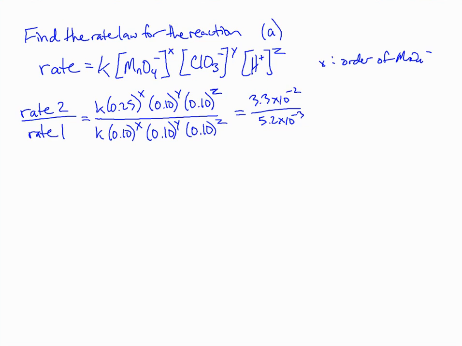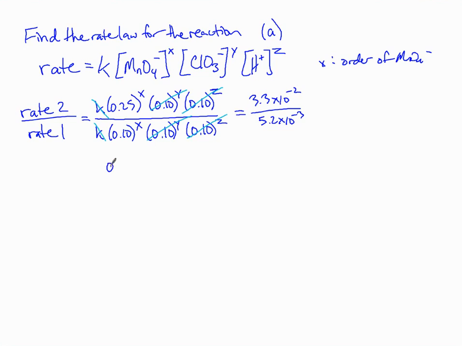There's a lot of things we can cancel here. For instance, K is on the top and the bottom. They're gone. 0.1 to the Y, 0.1 to the Z. And so we can simplify this.